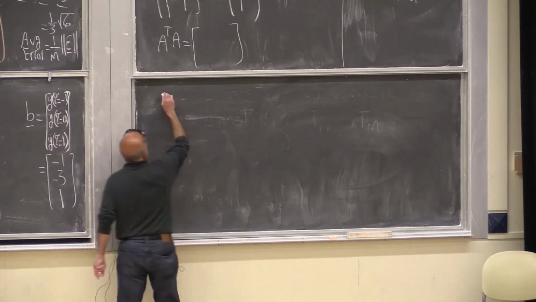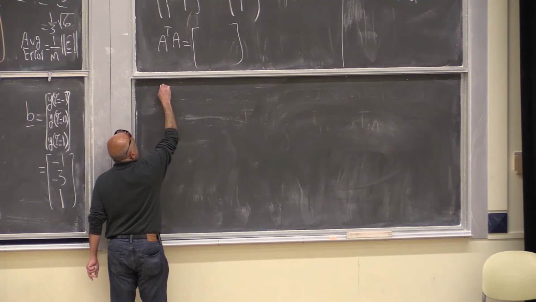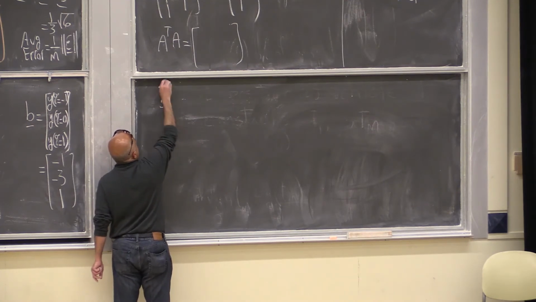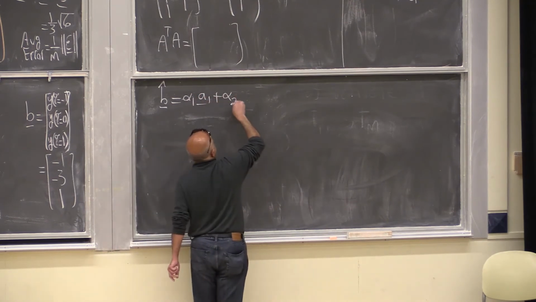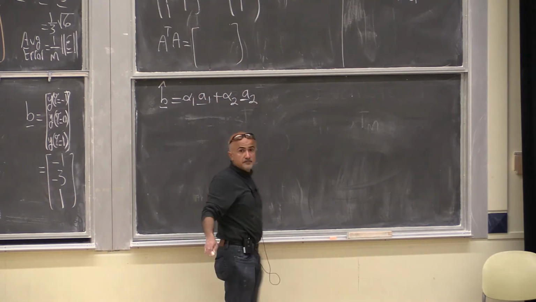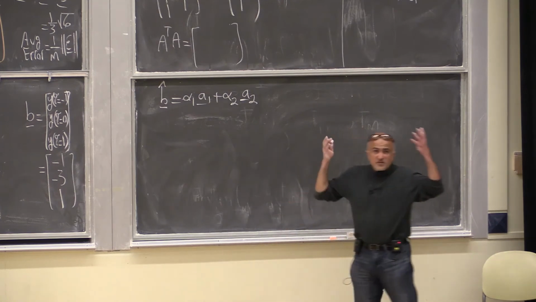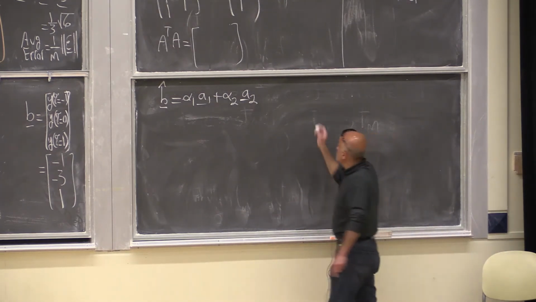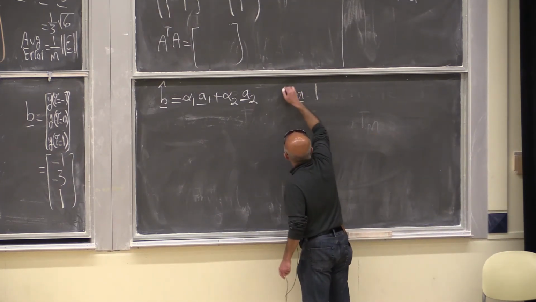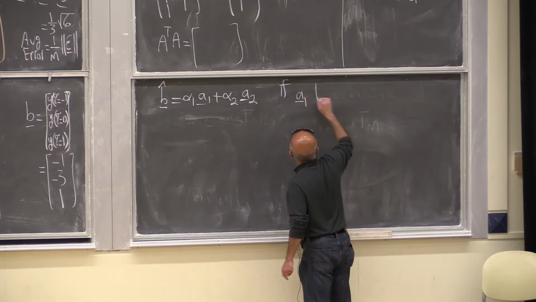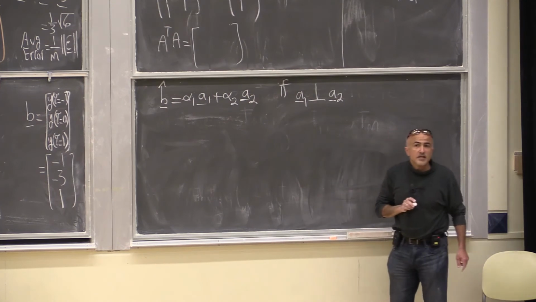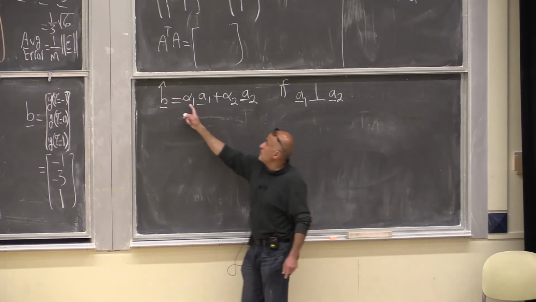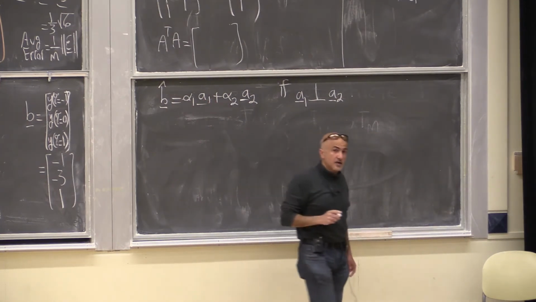It motivates this. Let's say I'm looking for a B hat, which is alpha 1 A1 plus alpha 2 A2. I'm looking for some B hat, which is a linear combination of these two. If A1 is orthogonal to A2, then I can find each of these coefficients independently of the other.